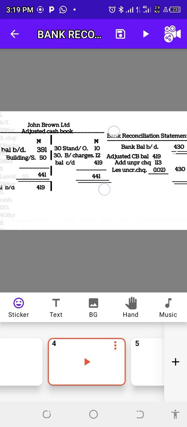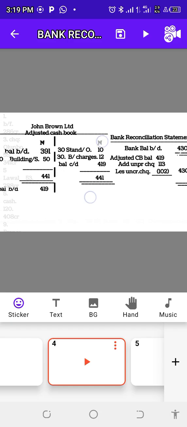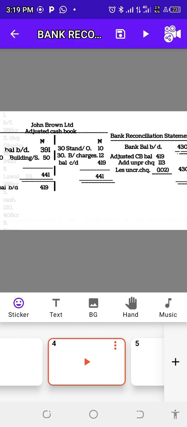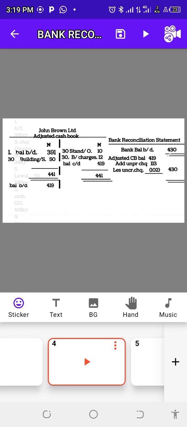On this note, we come to the end of this tutorial. We don't want this tutorial to be too bulky. In our next tutorial, which is going to be bank reconciliation part 2, we are going to solve various types of examples, the other three types that have not been solved.